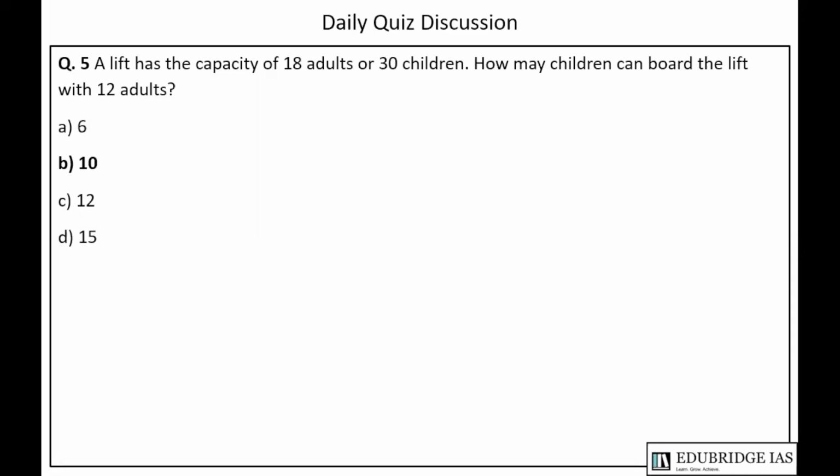Next question is, a lift has a capacity of 18 adults or 30 children. So either 18 adults can sit or 30 children can sit. How many children can board the lift with 12 adults?